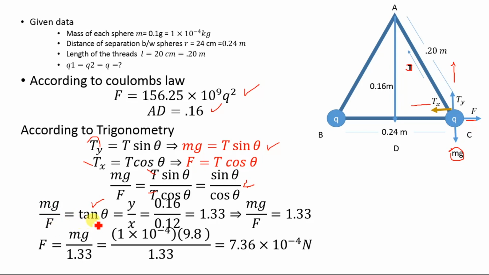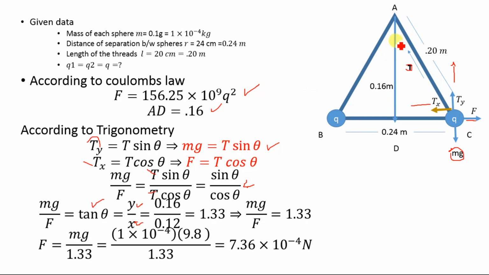And we also know that tangent theta is equal to the y component divided by x. The y component is actually the perpendicular and the x is the base. So we know that tangent theta is equal to perpendicular divided by base, or y divided by x.